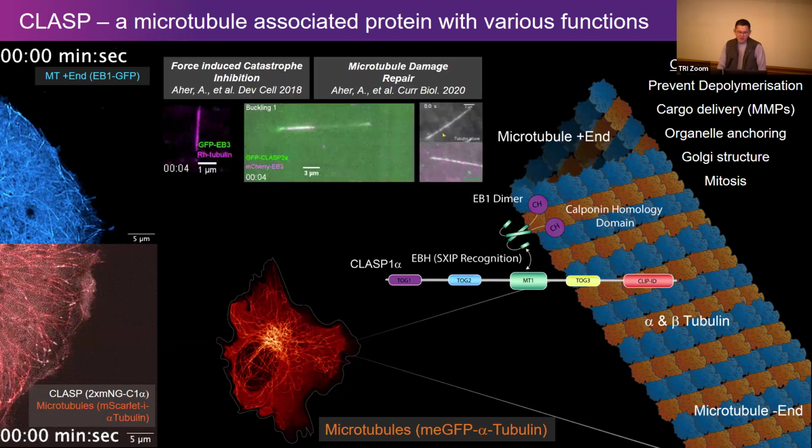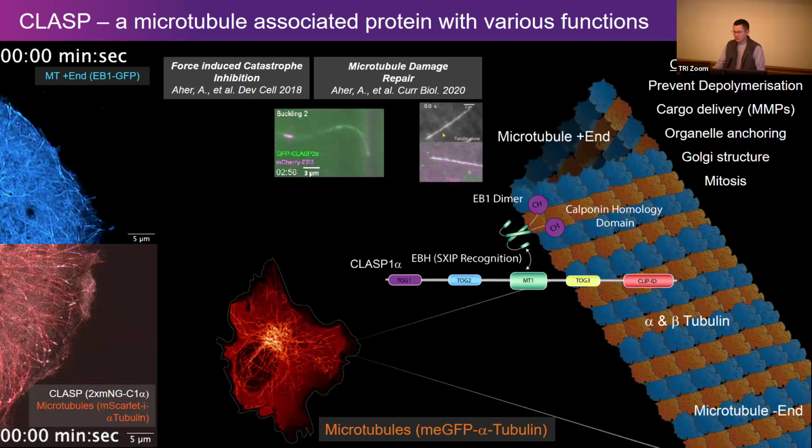But the quite interesting thing that happened just after I started my PhD was these 2 back-to-back papers by the Akhmanova lab that showed, using purified in vitro experiments, they could grow microtubules decorated with CLASP, and it allowed these microtubules to undergo buckling without breakage.